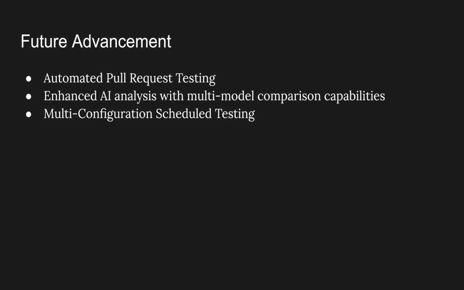The next one is enhancing the AI analysis with multi-model comparison. Right now, as we saw in the demo, we only have the DeepSeek API to generate our AI explanation. In the future, I think it'll be awesome to have multiple AI models such as ChatGPT, Claude, and Gemini, and get different explanations from them, and we can compare these explanations to one another.